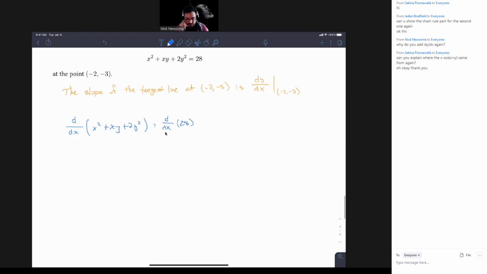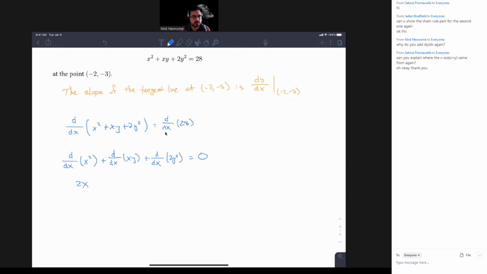So derivative of x squared plus xy plus 2y squared. There are 3 pieces here, and one of them is a product rule. So again, I'll be very explicit. This first one, derivative of x squared, that's just our good old 2x.